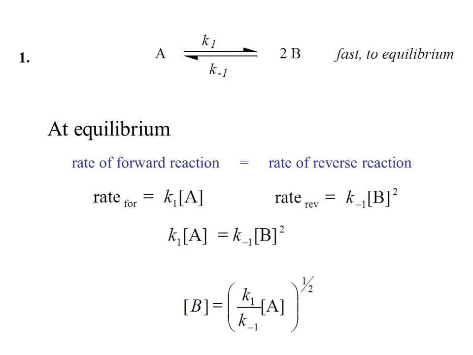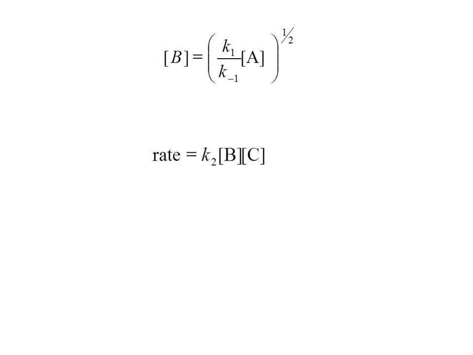Now you know what we're going to do. We're going to take this quantity and substitute it back into our slow reaction rate expression, the one we came up with earlier.